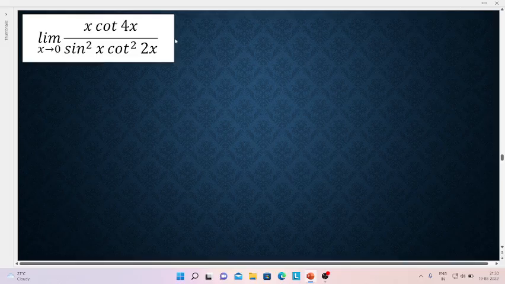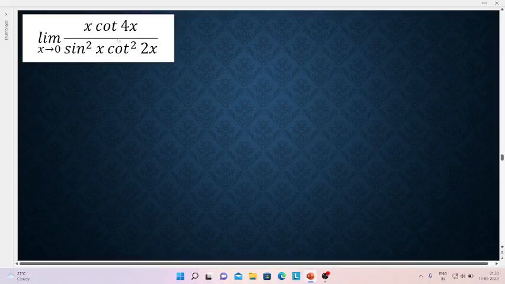Basically here you can see that there is a trigonometric term of cot, right? But we don't have any formula for the value of this cot function. But we have the formula of sine, we have the formula of cos, we have the formula of tan, right?